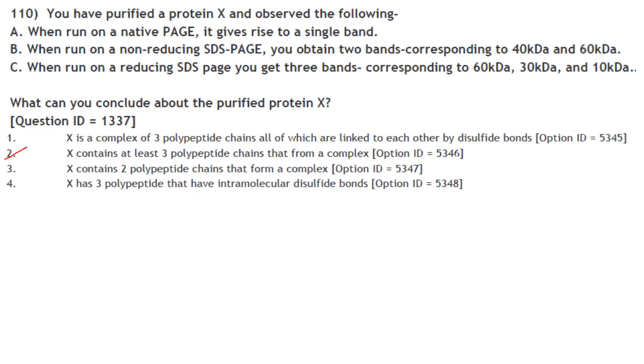So totally there are three polypeptide chains or subunits, that is 30, 10 and 60. And the 30 and 10 are linked to 60 by weak interaction which got broken when run on SDS PAGE. So the answer here is option 2. X contains at least 3 polypeptide chains that form a complex.